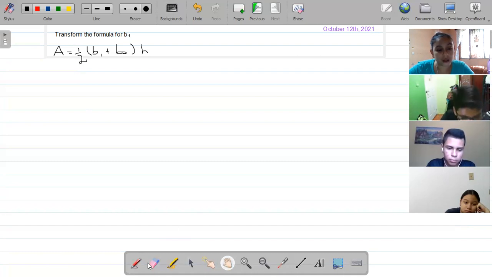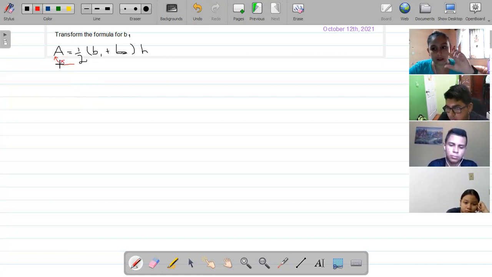Since this is a fraction that is multiplying, remember that we said that whenever we have a fraction that's multiplying, it needs to go to the other side with its inverse operation. In this case, it should be a division, but we are going to continue to multiply, and we're going to flip the fraction, okay? So we're flipping the fraction. And now we're not multiplying times 1/2, we're multiplying 2/1.